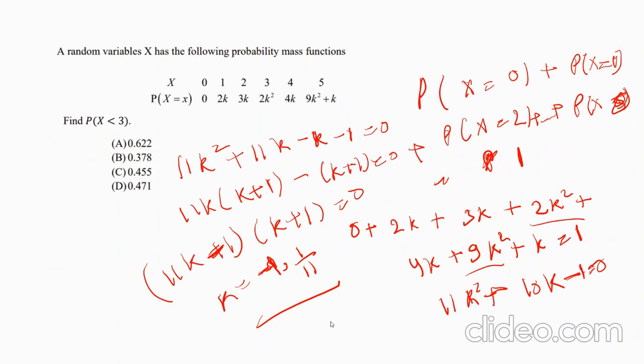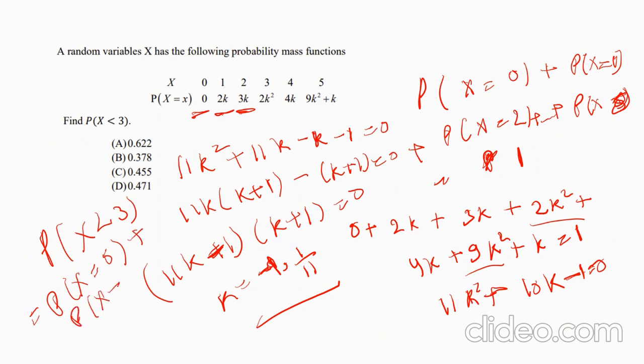Now we want to find the probability that x is less than 3. So 0 will not come, so it will be 2k plus 3k, 5k. Sorry, the x value 3 will also not come. So this will be equal to probability of x equal to 0 plus probability of x equal to 1 plus probability of x equal to 2.